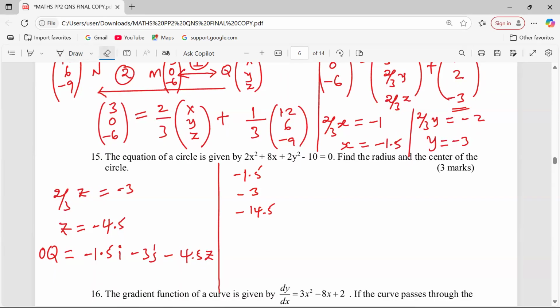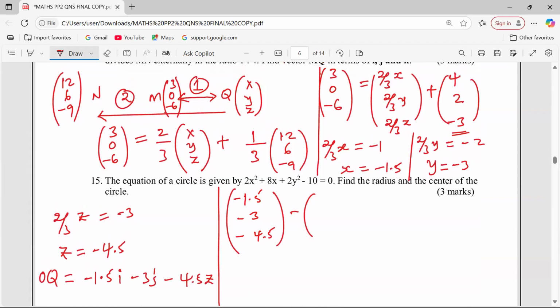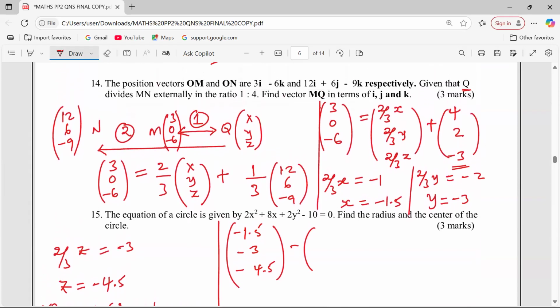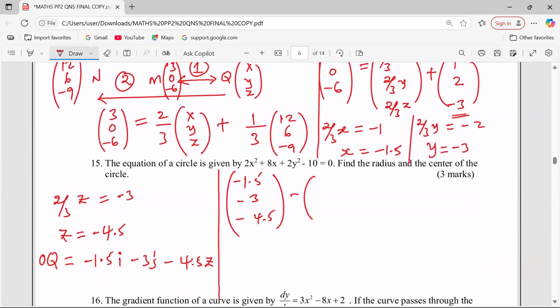That way. Then I subtract M. Vector MQ: I take Q minus M. So M is 3, 0, negative 6. This now shall be negative 4.5, negative 3, and we are having a plus 6 now, so 1.5.